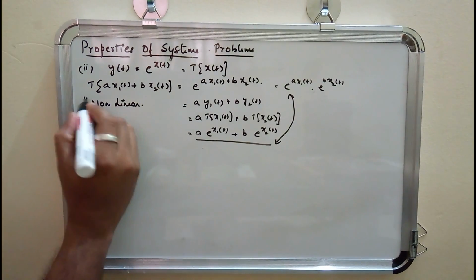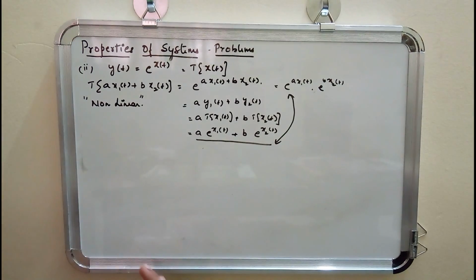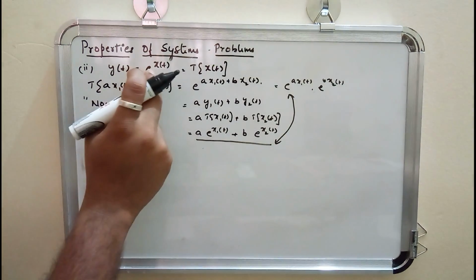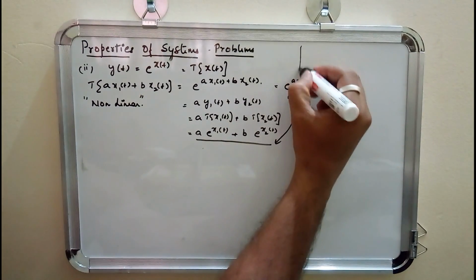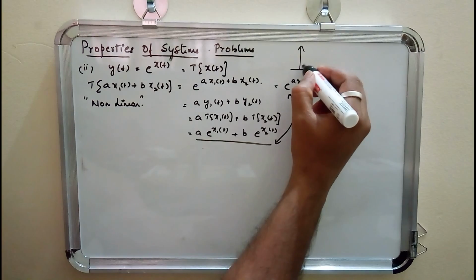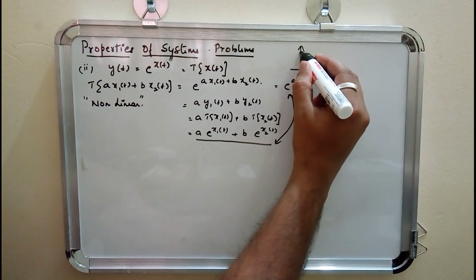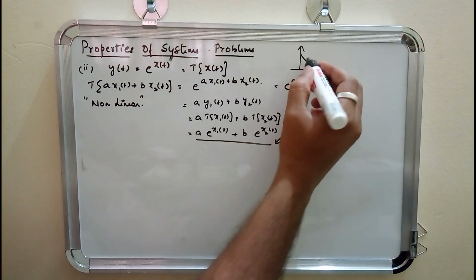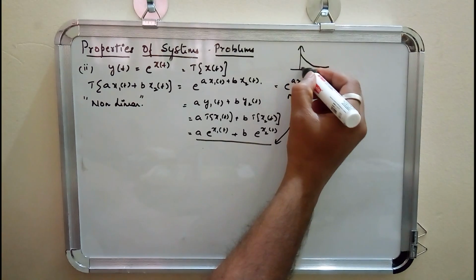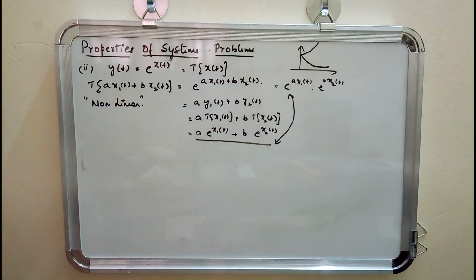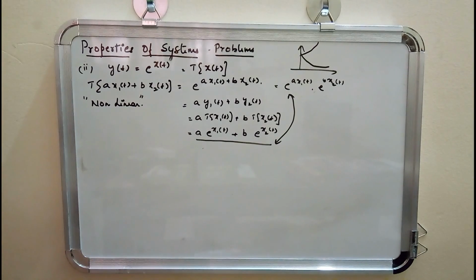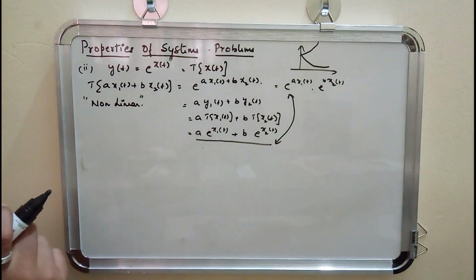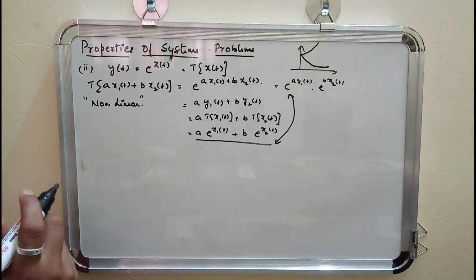By looking at the input-output relationship only, we get to know whether the system is linear or non-linear, because the input is raised to the power exponential. We know how an exponential signal looks: if it is negative going, it is like this, and if it is positive going, it is like this. An exponential signal is never linear, so the system is non-linear.